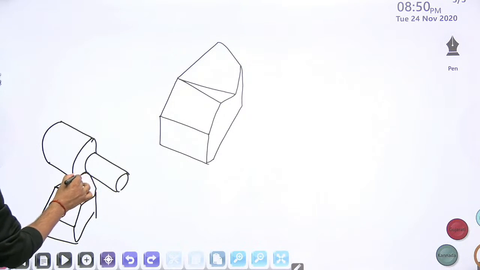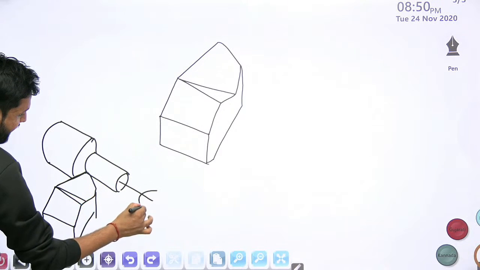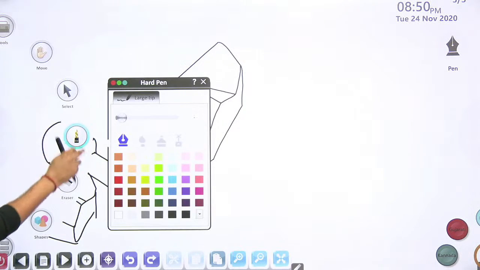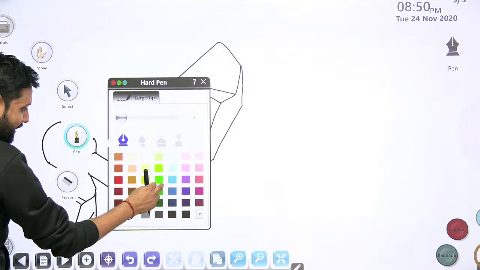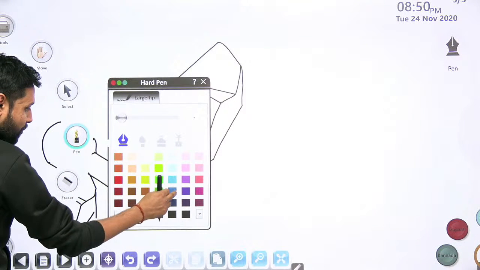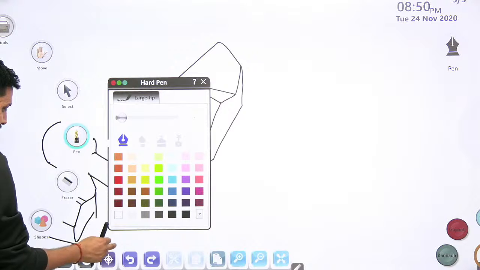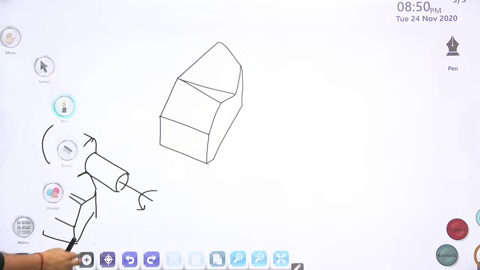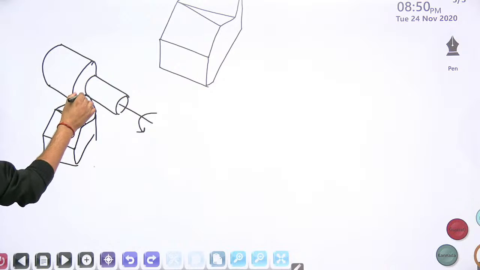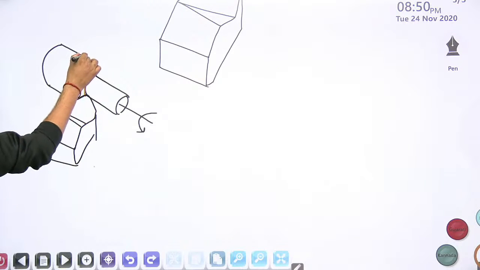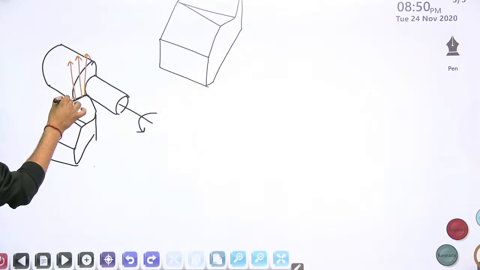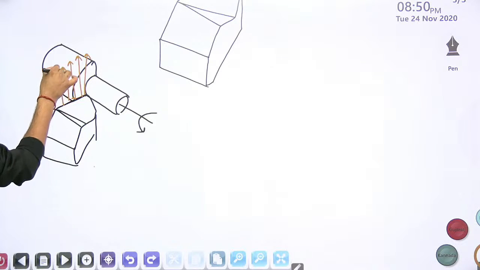This is the cutting edge. The workpiece is rotating, so the forces that you will observe will undoubtedly be acting along this cutting edge. Yes, the forces will be acting along this cutting edge. Undoubtedly, the workpiece will force the tool in the downward direction.